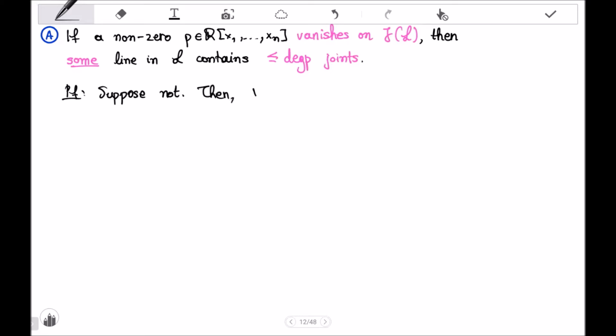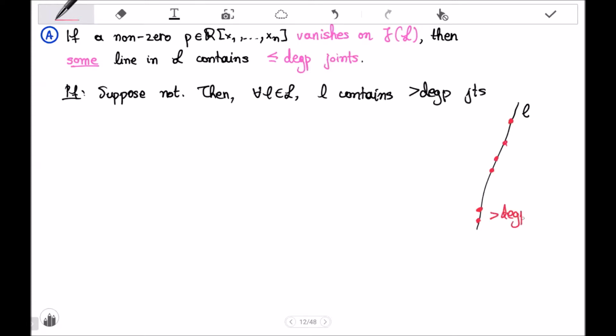Then, for every line L in our family, L contains more than the degree of the polynomial joints. So here is an arbitrary line, and here are the joints it contains. We know that they are more than the degree. That is what we assume here. And remember that the polynomial vanishes at all the joints, and therefore on these ones. So P vanishes here.